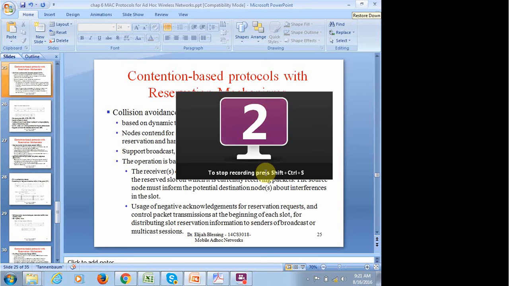For each time period a slot is there, and in that time slot we operate based on frequency. For example, at a particular frequency in a particular time slot, two different nodes will communicate. In the same time slot, at a different frequency, two other nodes will communicate. So that's the concept.